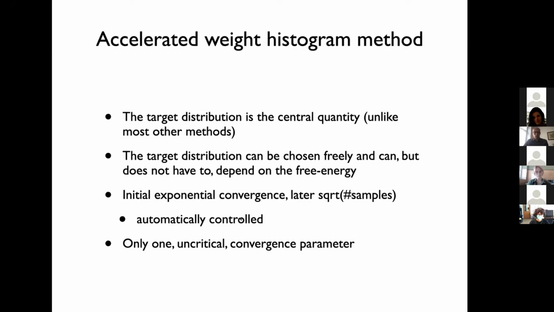And this is automatically controlled. So even if the errors initially are very big, those go down exponentially. And then later, as the errors get smaller, you go to the expected one over square root of the number of samples error. This is controlled through one uncritical convergence parameter, which is also nice. So you don't need to tweak a lot with parameters here.